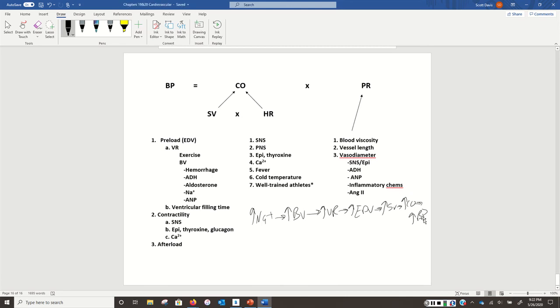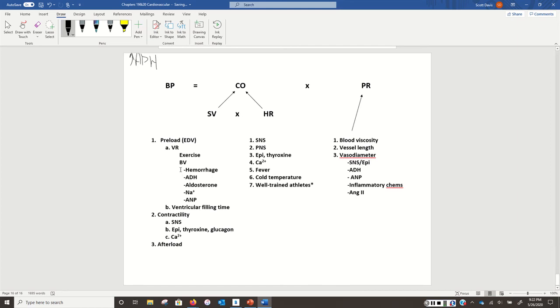All right, let's do one that's a little bit more involved. Let's look at what happens when there's an increase in ADH. All right, I'm going to write this across the top so I have more room. When there is an increase in ADH. Well, we see ADH right here.